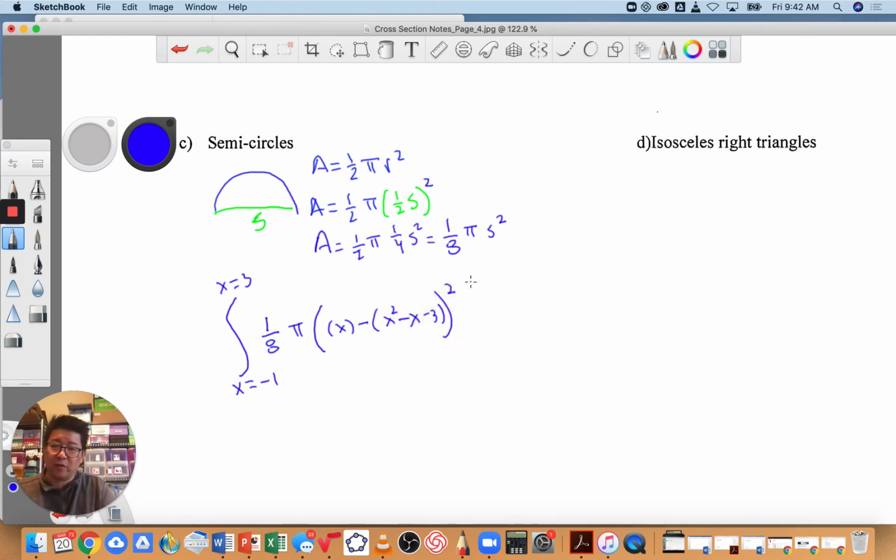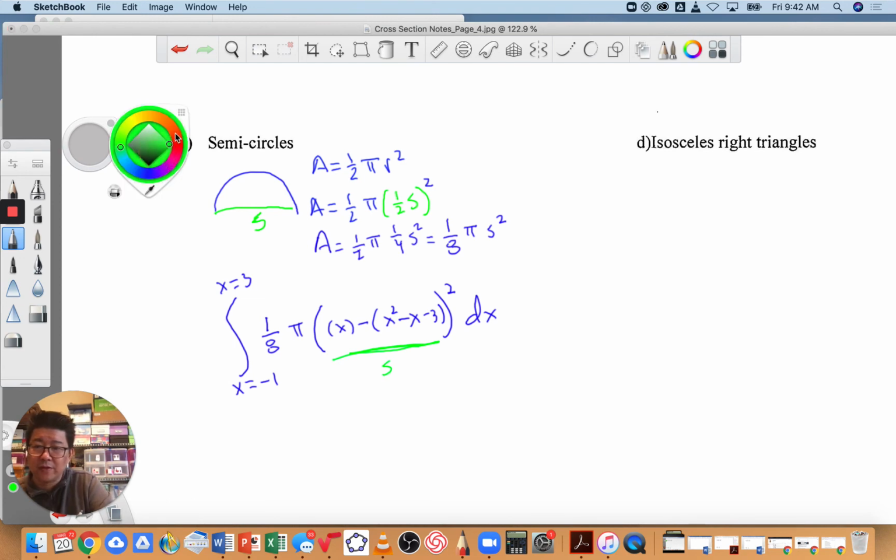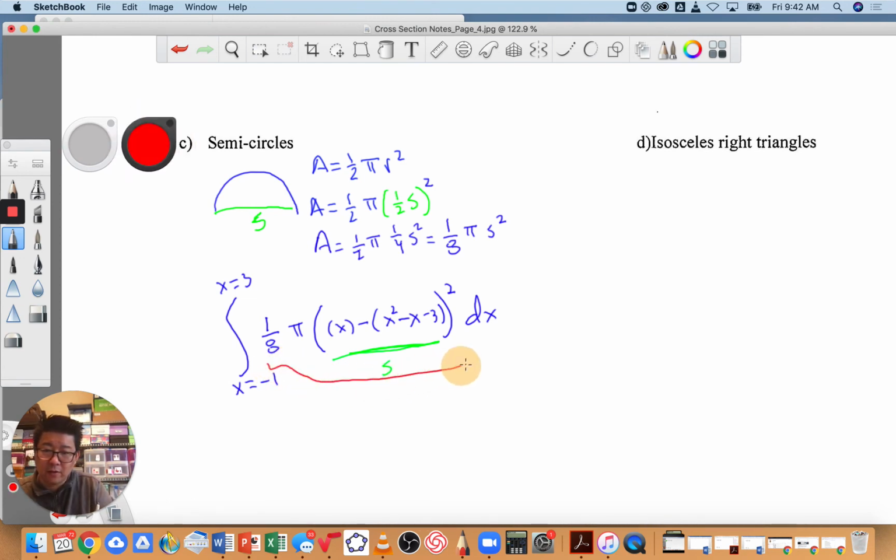Don't forget that squared. And then dx. Just remember this distance right here, this part right here, this is s. This whole thing here is the area of a cross section.